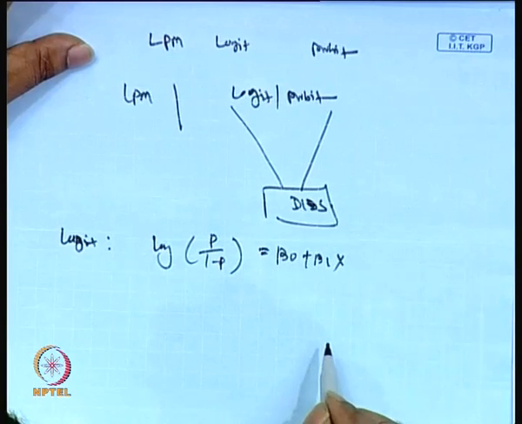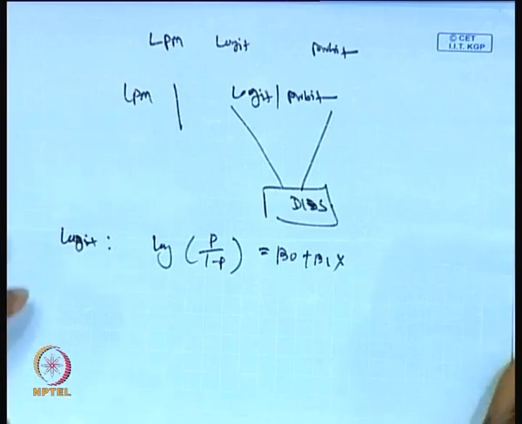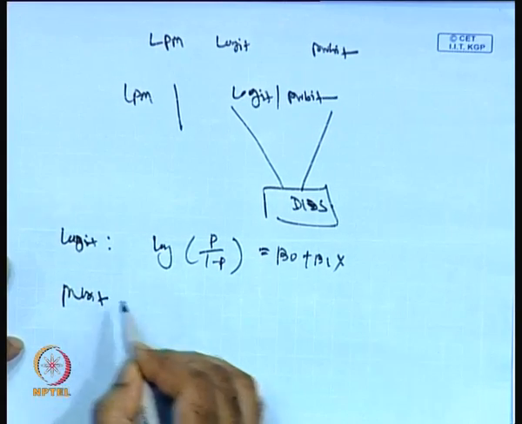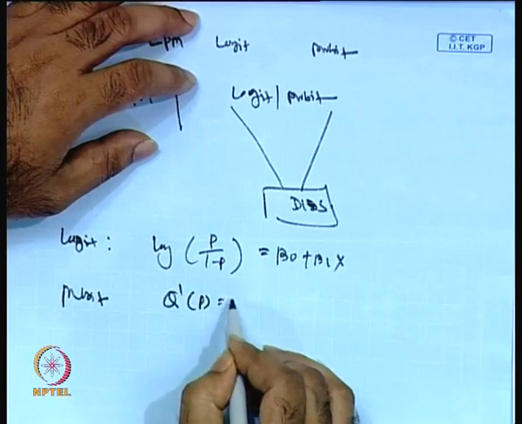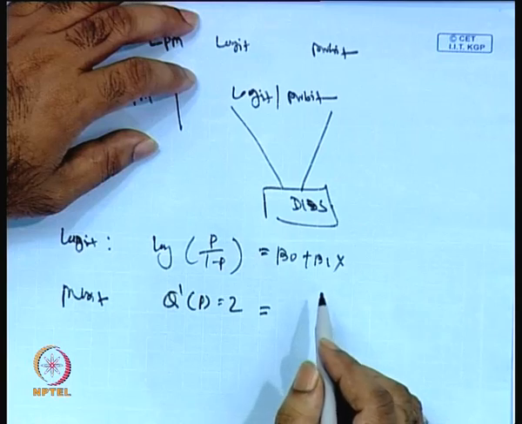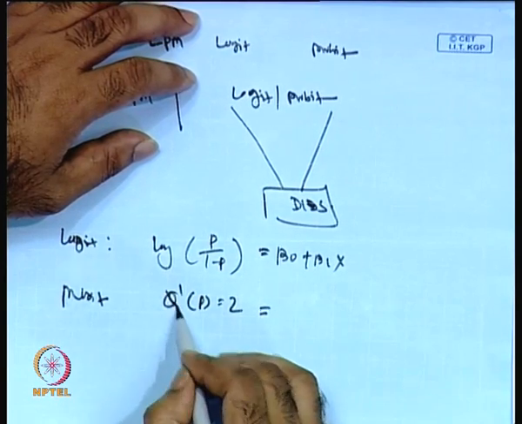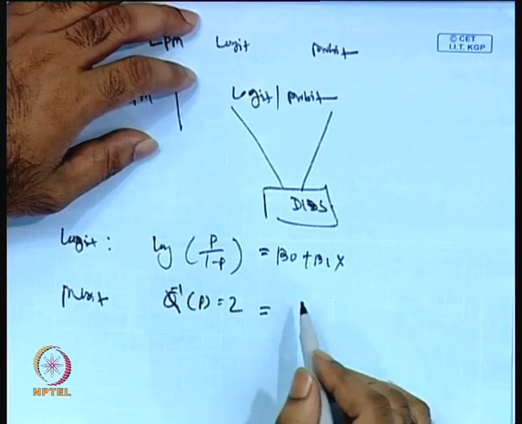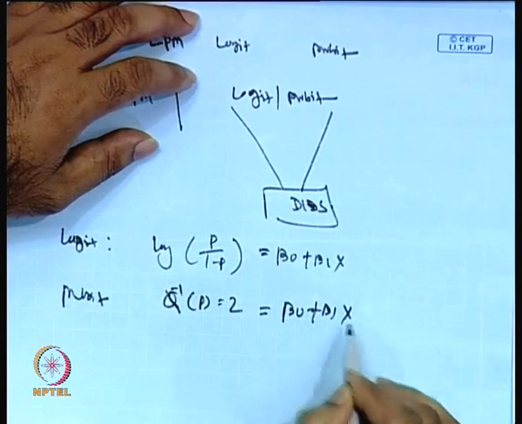And in the case of Probit models, this is nothing but inverse psi of p equal to z, which is nothing but beta 0 plus beta 1 x.